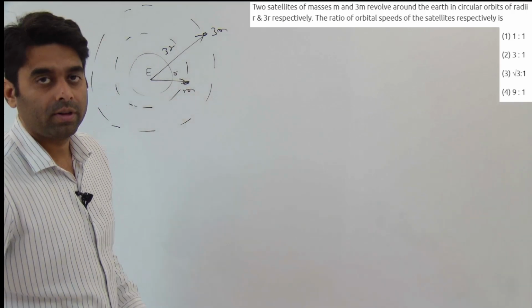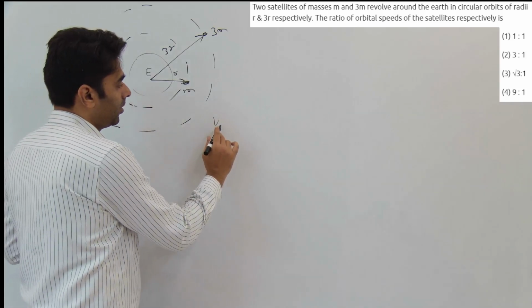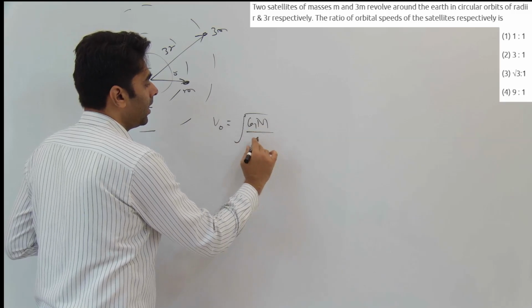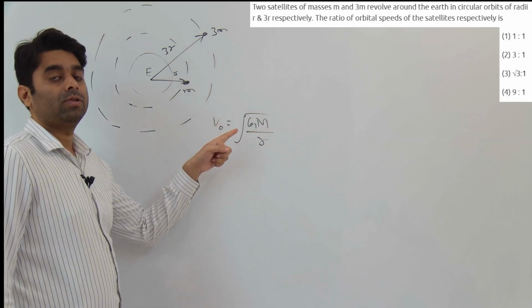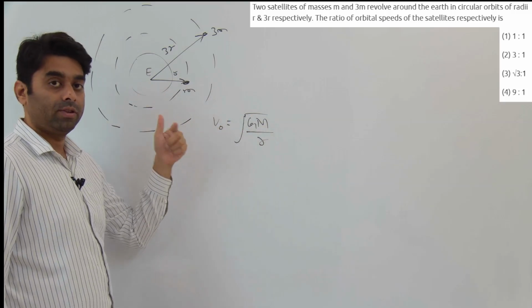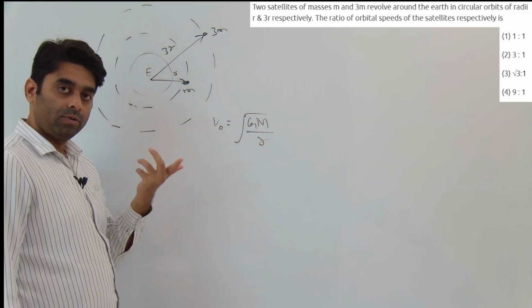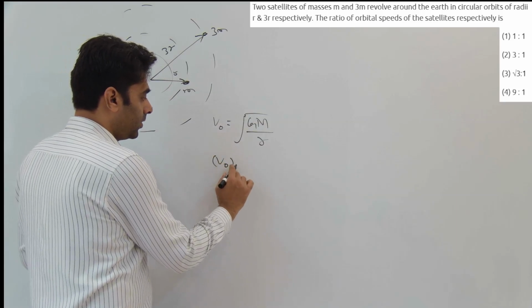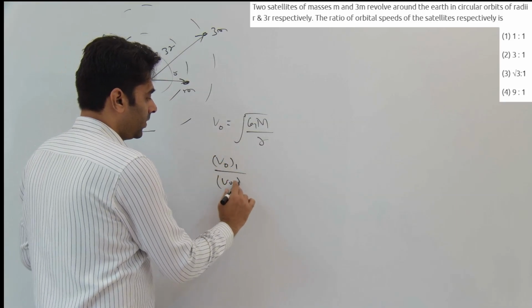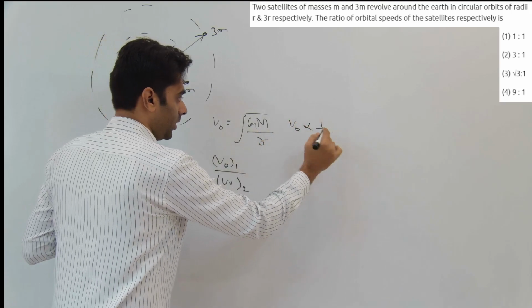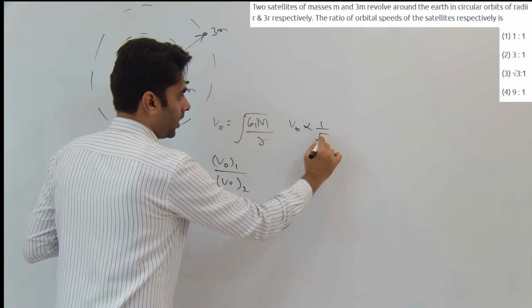Now beta, what is the relation for orbital speed of satellite? Orbital speed is basically given as root of GM by r. Now this m is mass of the planet, not the mass of satellite. This m is mass of the planet, which for both of them is earth only, so it is same. So basically we can write orbital velocity of first by orbital velocity of second. It is inversely proportional to root r.